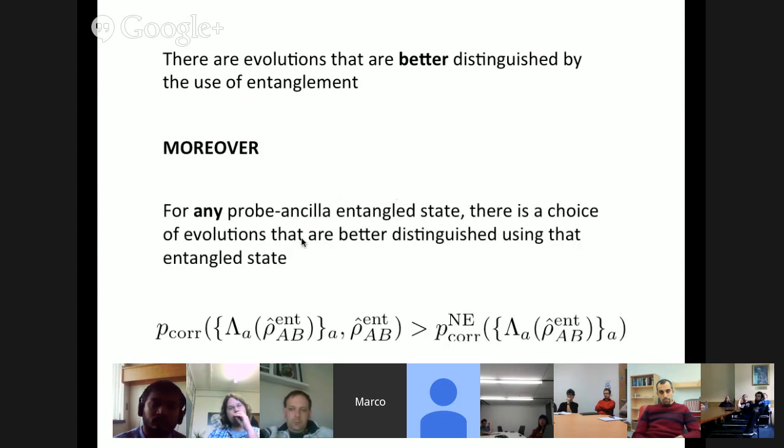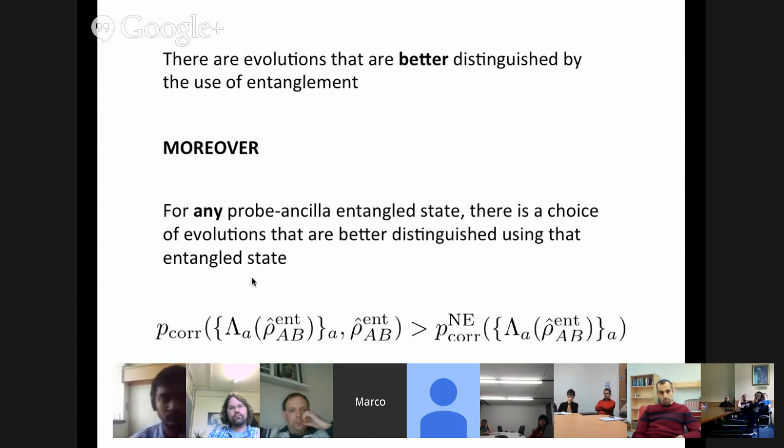So in the previous paper with John Waters, we actually turned the game around a bit, saying: fix now a probe-ancilla entangled input state. Is there an instance of the subchannel discrimination problem where this state is useful? Well, it turns out that this is the case.